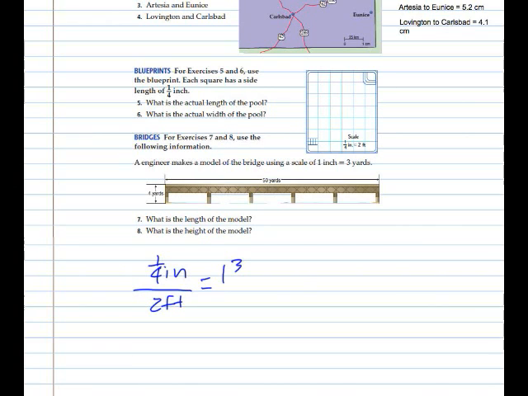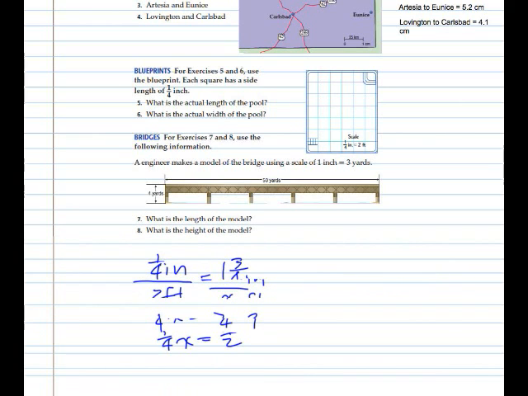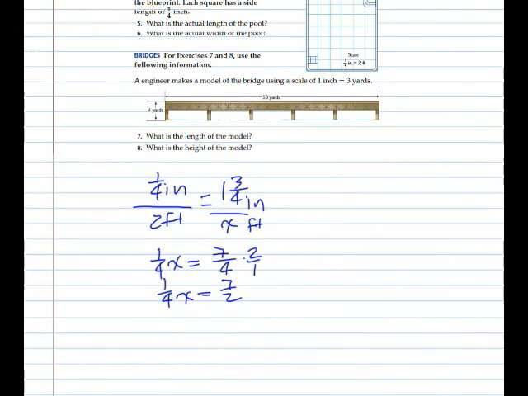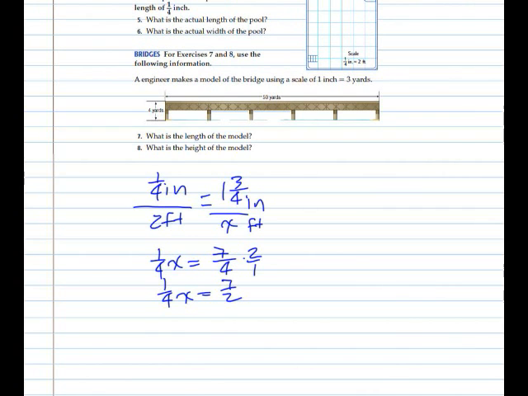So that is 1 3/4 inches to x feet, which gives us 1/4 x equals 7/4 times 2 over 1. So 1/4 x equals 7 over 2. Multiply both sides of our equation by 4. Simplify here and here gives us 2. So x equals 14 feet.